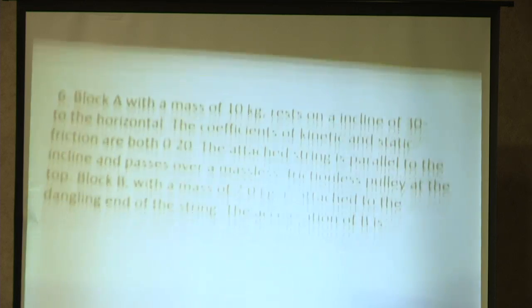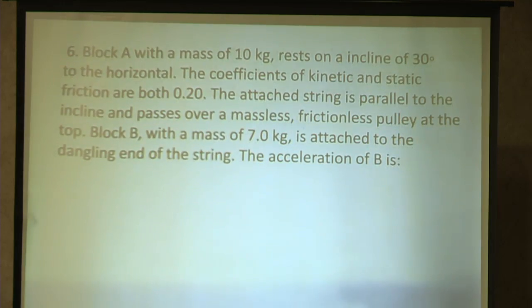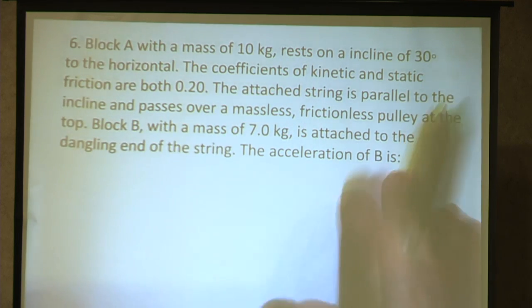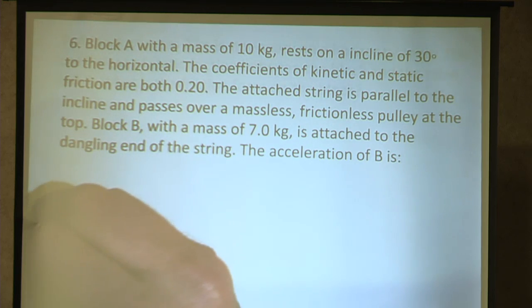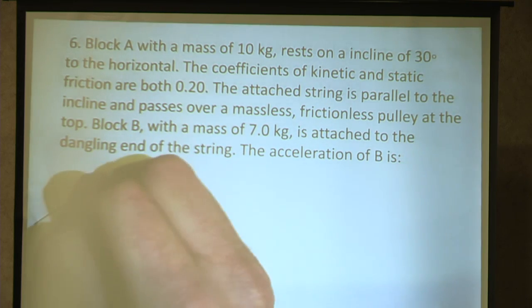All right, so number 6. Now we have the most classic Physics 1 problem ever. Block A, with a mass of 10 kilograms, rests on an incline of 30 degrees to the horizontal. I'm going to draw that out real quick, and I'm sorry if this is a crude drawing.